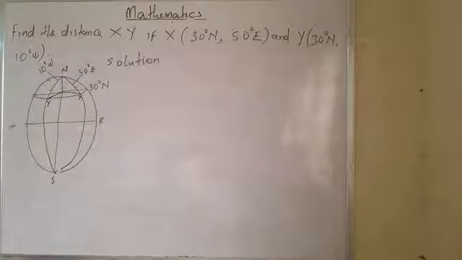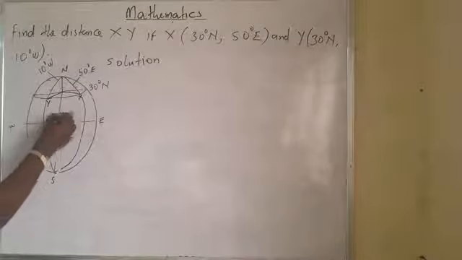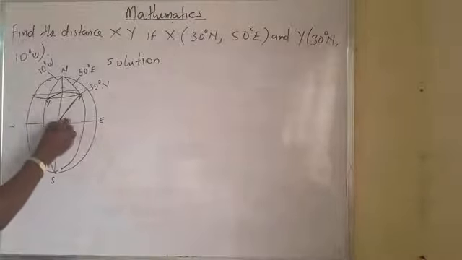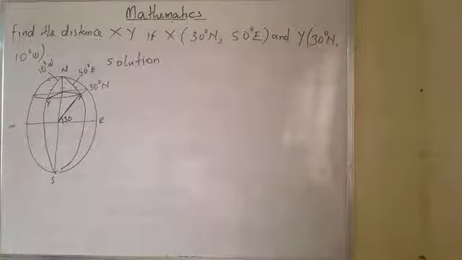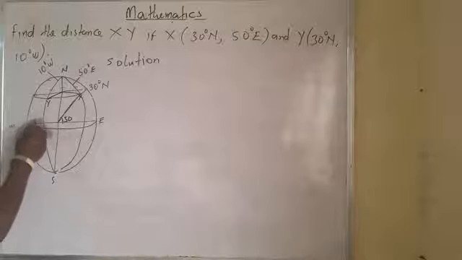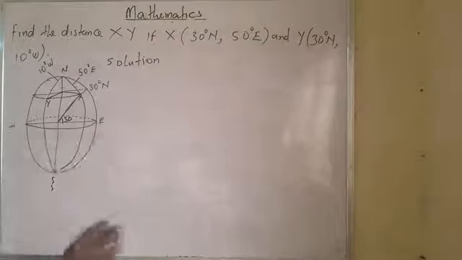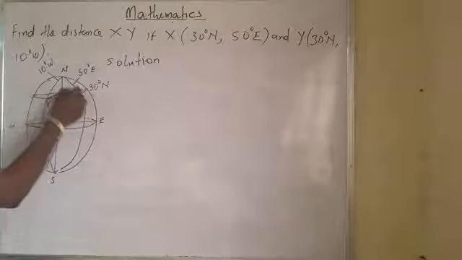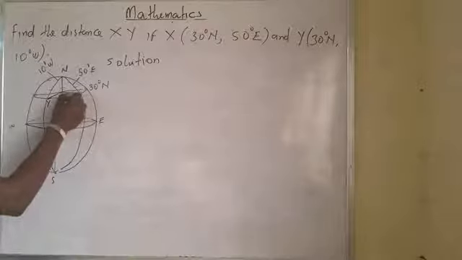Now, this place is already 30. Since here is 30, here will also be 30, which I proved for you earlier. I can do it this way also for better understanding, moving on to the other side, however you want to do it. Now, I have my 30 here, and here also will be 30.